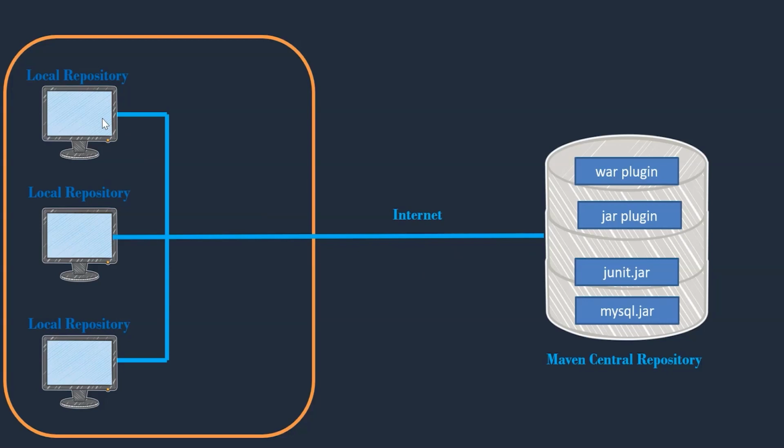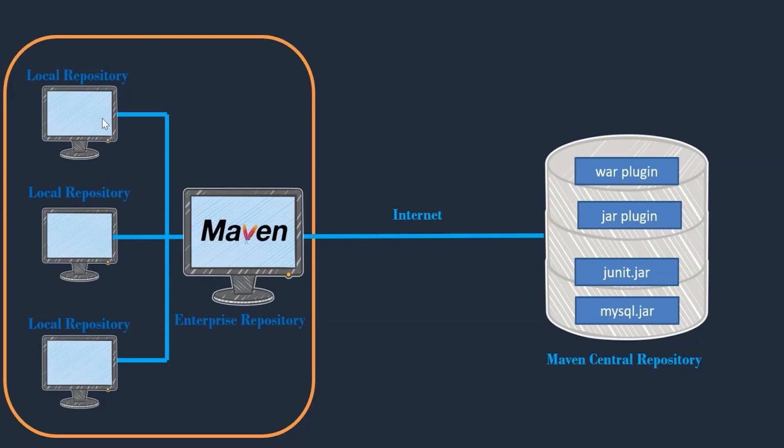In some organizations, they use one more repository called the enterprise repository, which is internal to the company. Whenever we create new projects or libraries, we can push those libraries into the enterprise repository. So if we want to keep our files only in the .m2 directory, then we can use install.